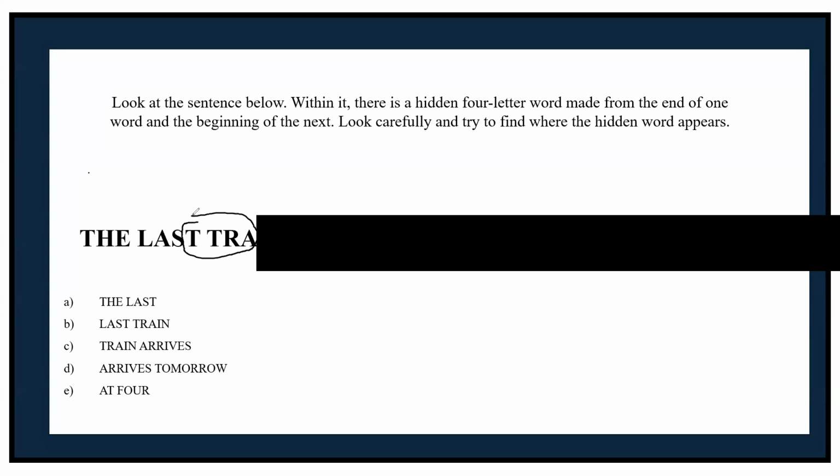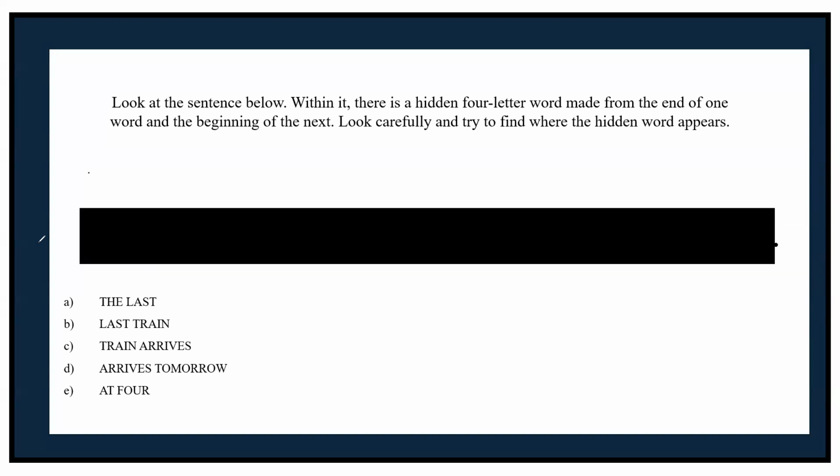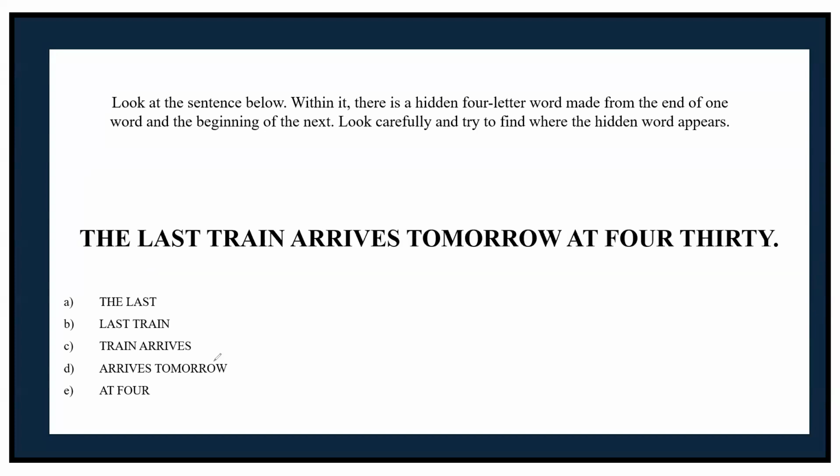Now, the only other thing to talk about is another approach, and probably the best approach, which is to actually look at the options, okay? Because here, we can see the words broken down for us. We've only got two words to look at a time, yeah? And maybe by looking at those, we're less overwhelmed and we can more easily see the hidden four-letter word.